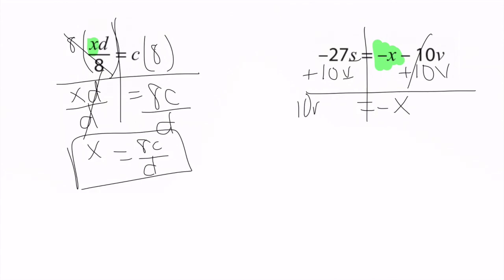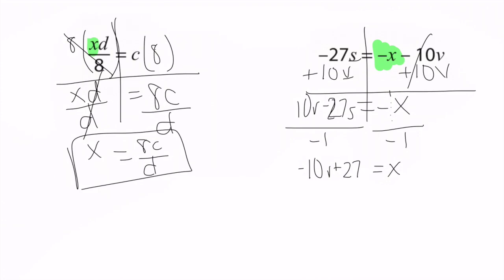So we're going to have 10v minus 27s. Lastly, we don't really have x by itself. It has an invisible -1 with it, so we're going to divide by -1. What that gives us is x equals -10v plus 27s. All right, try these next couple on your own.